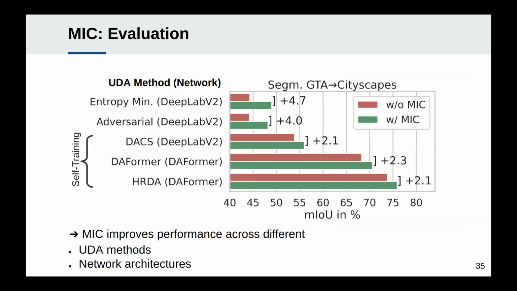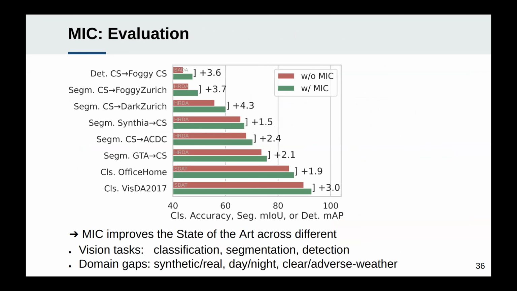This can be integrated into different UDA methods and different network architectures, and improves the performance by 2 mIoU on top of HRDA. So we are coming close to supervised performance. It's really becoming better and better over time. But what's also nice is we can apply it not just to semantic segmentation, but also to other tasks.